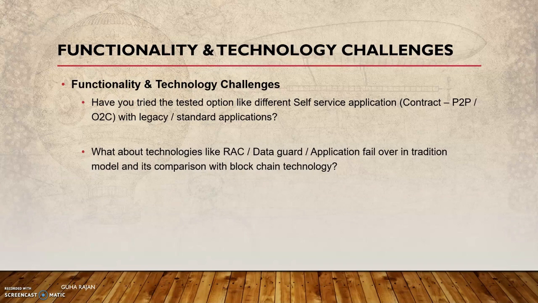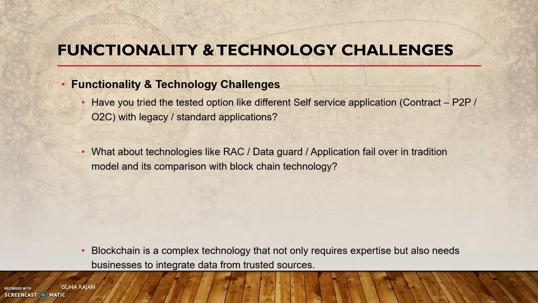The traditional model is much more robust, and more importantly so is cloud technology, so it makes it much more robust when you compare it with blockchain technology. All this, RAC, Data Guard, application failover, makes even the traditional or legacy system attractive as well.